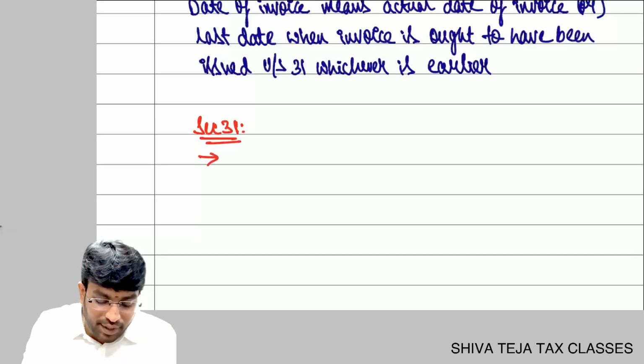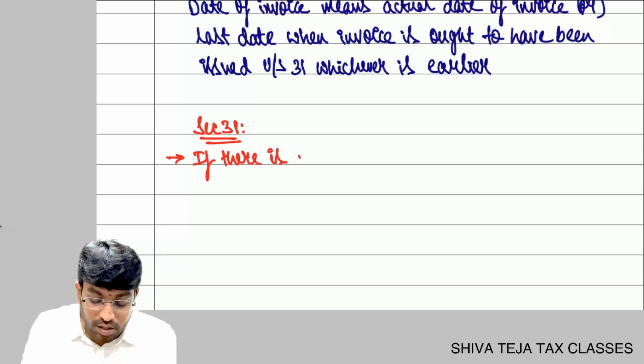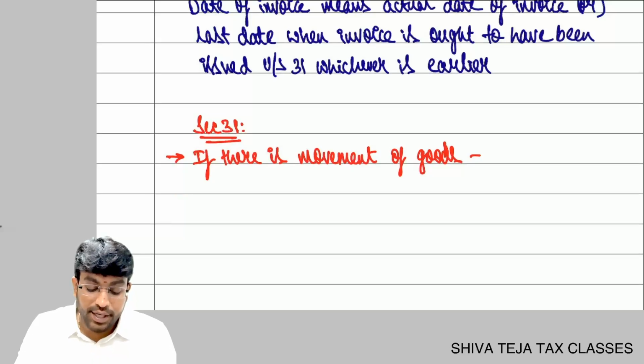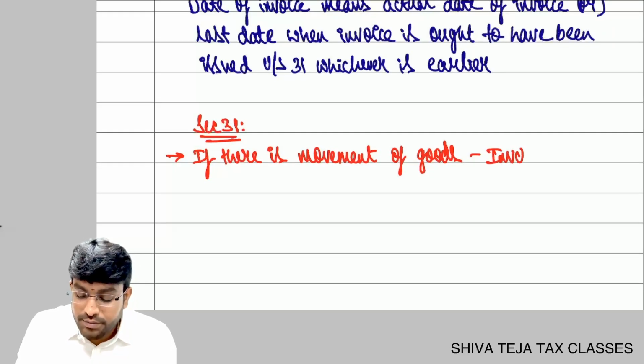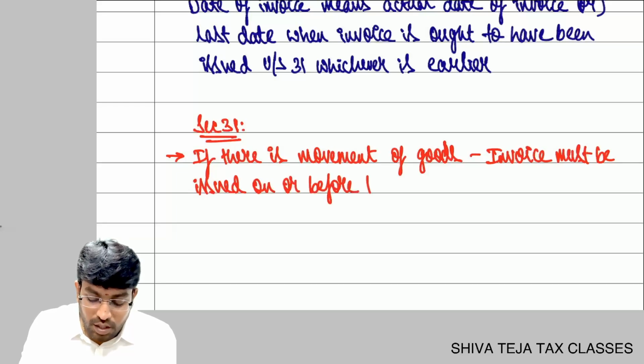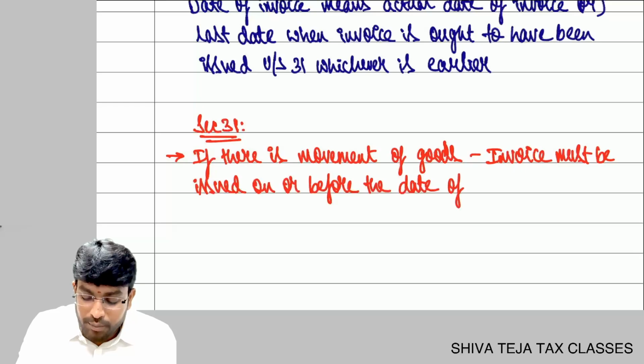As per section 31, come on friends, as per which section, sir? 31. What they told is, if there is movement of goods, invoice must be issued on or before the date of removal.